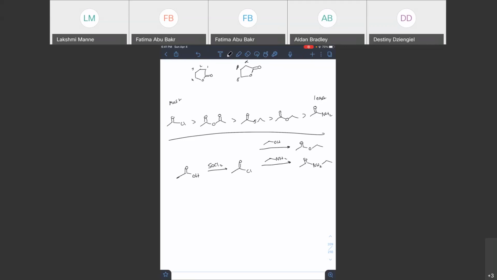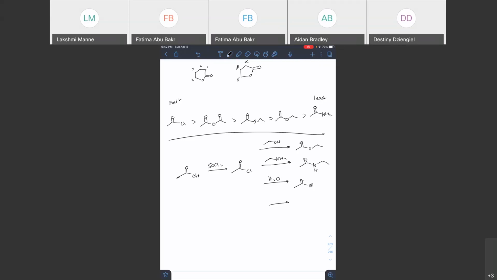Or sorry, it's not NH2, it's NH. And then if we do H2O with this, we get back to the original carboxylic acid. So it's just a way of switching it back and forth if you need to.